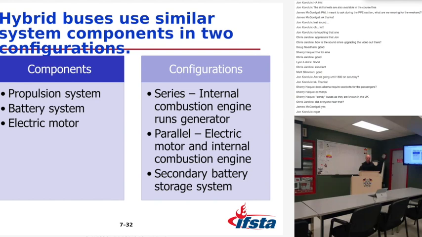System configuration: in series, the internal combustion engine runs a generator that provides power for the battery or electric motor. In parallel, the electric motor and the internal combustion engine both connect to the transmission to individually or simultaneously provide power. Does that make sense?